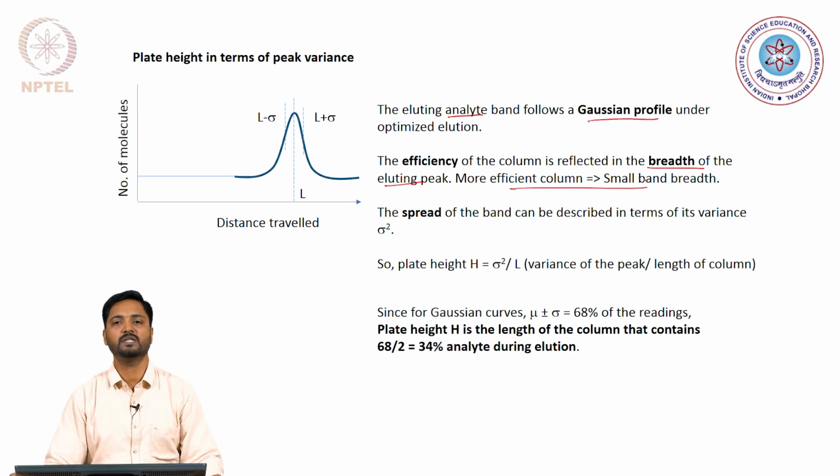So, a more efficient column will imply that the peak breadth coming out from the column of length L is small.